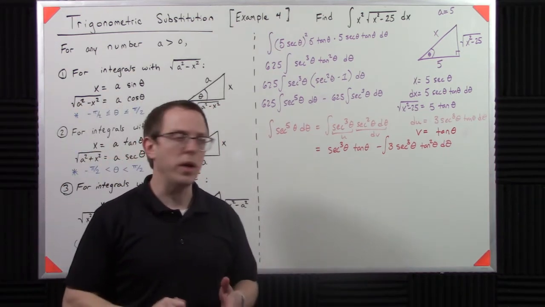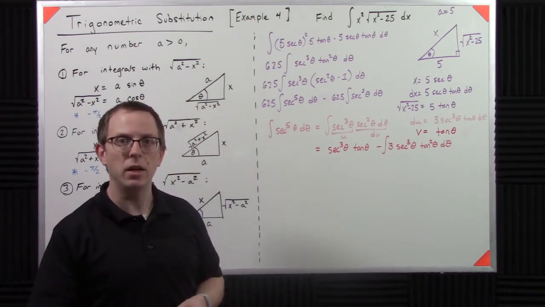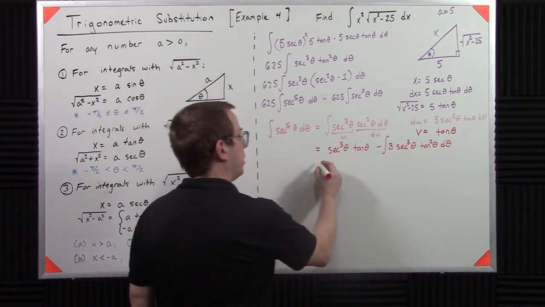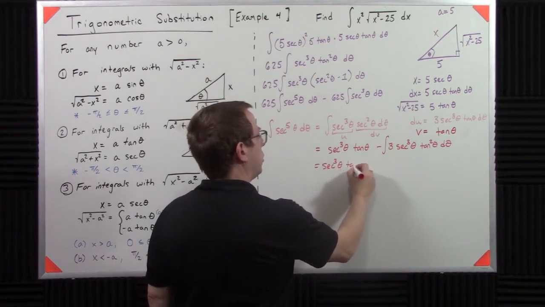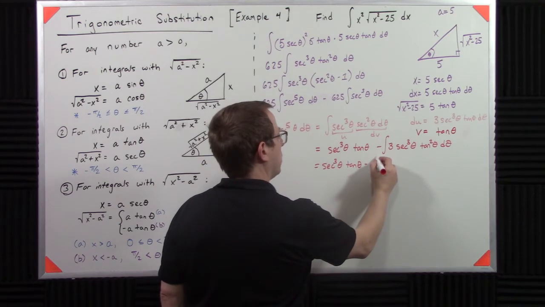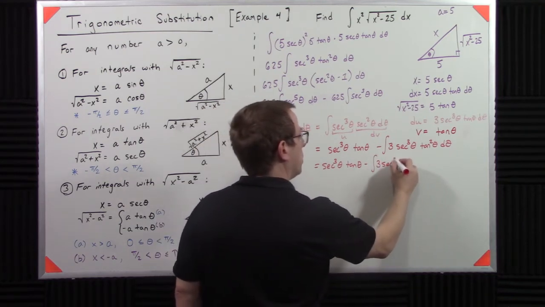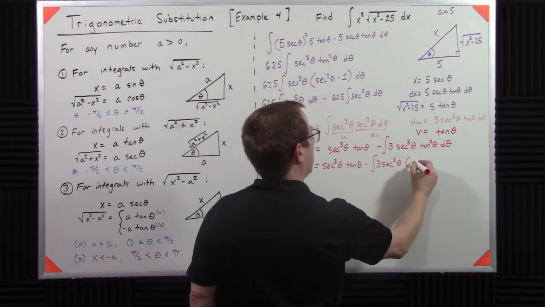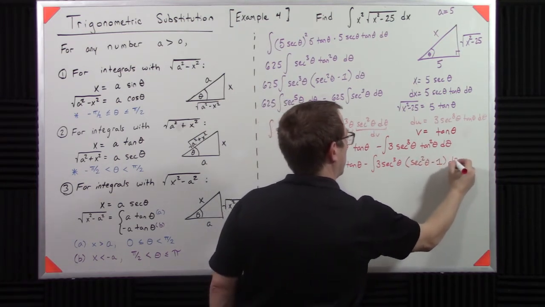So at this point, we can convert this again. We can say, all right, that's equal to secant cubed theta tangent theta minus 3 times the integral of secant cubed theta times secant squared theta minus 1 d theta.